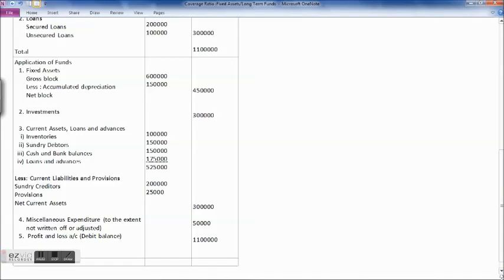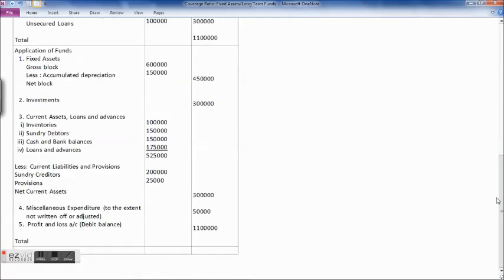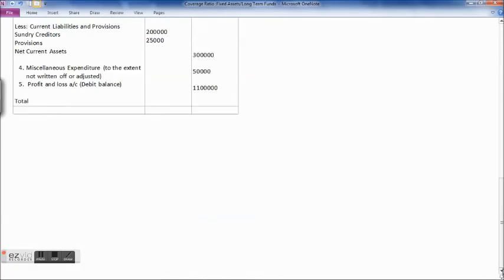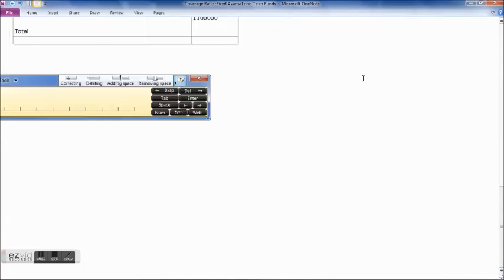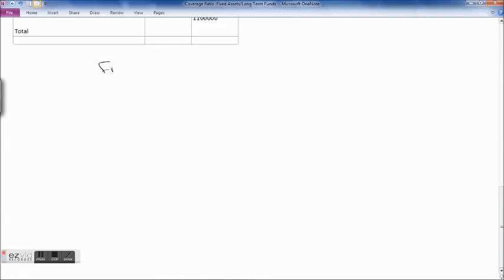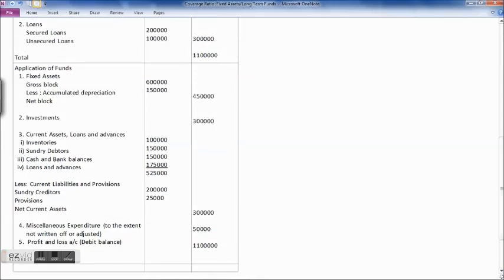The total of application of funds is also 11 lakh. Now we will calculate our fixed assets upon long-term funds ratio. What is the fixed assets here? Fixed assets is gross block 6 lakh minus accumulated depreciation 1,50,000, net block 4,50,000.